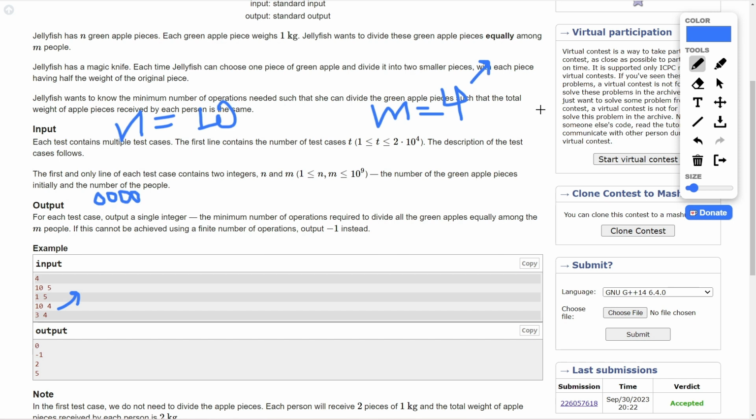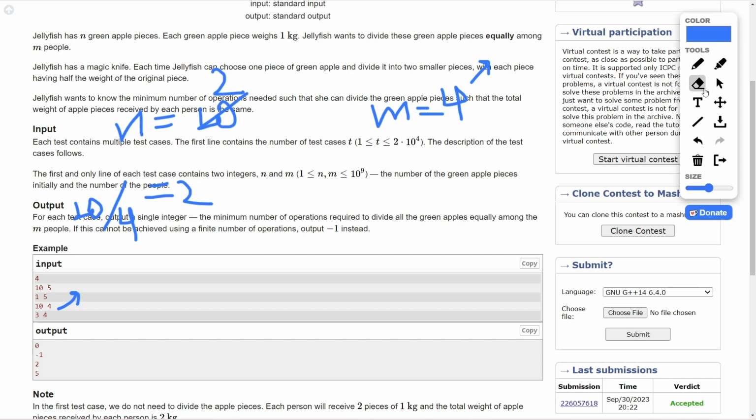We do n by 4, and each person gets 2 apples, so 8 apples are given. We will be left with the remaining 2, like 10 minus 8. So now we only have 2 apples.